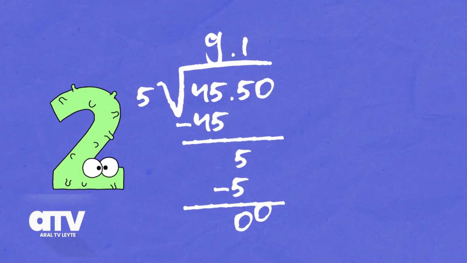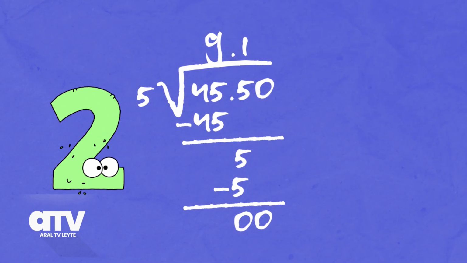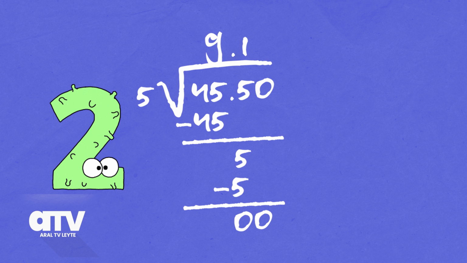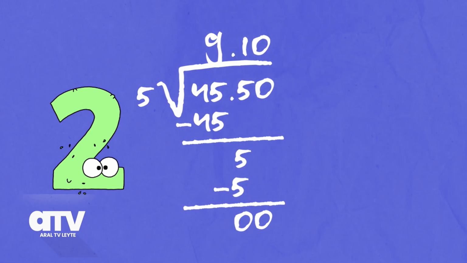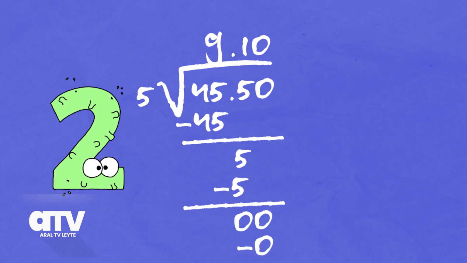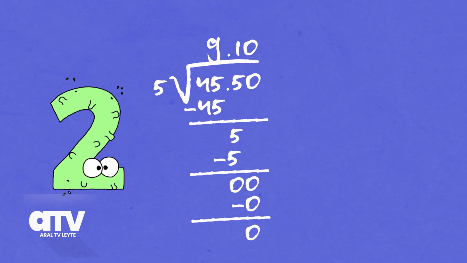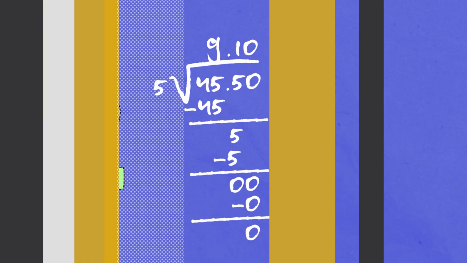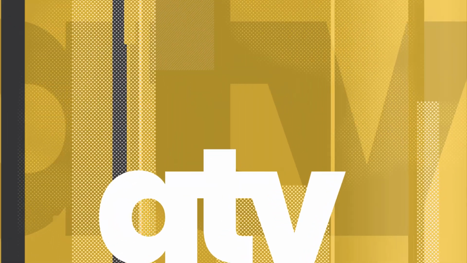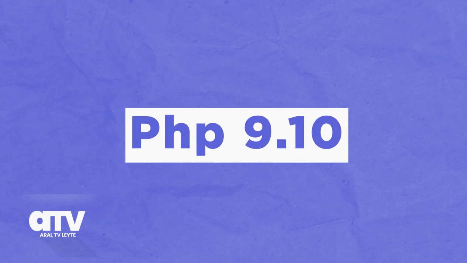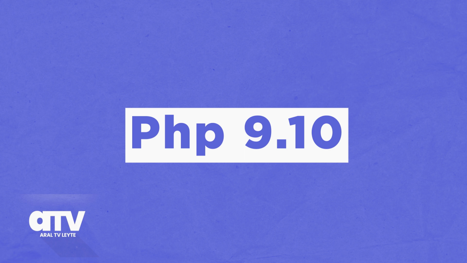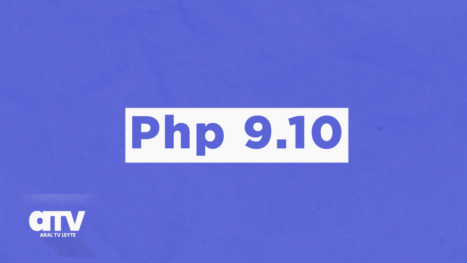Bring down 0. 0 divided by 5 is equal to 0. 0 times 5 is equal to 0. 0 minus 0 is equal to 0. Therefore, each mango costs 9 pesos and 10 centavos.